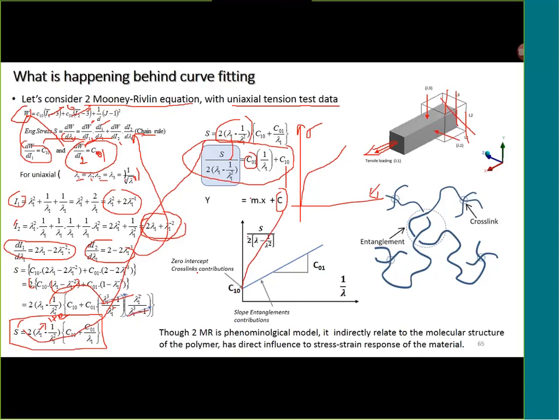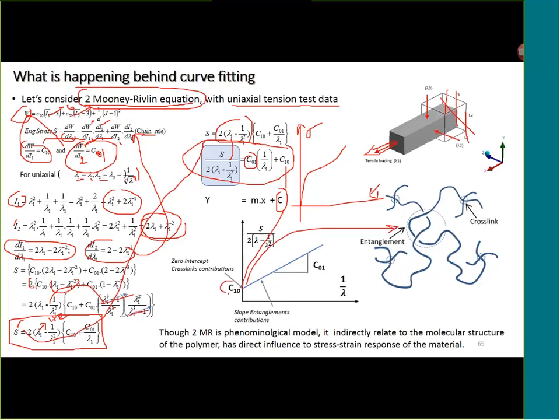As I mentioned, though the 2-parameter Mooney-Rivlin equation or the material model is purely a phenomenological model, however it has a direct, or rather some form of indirect, relationship with the material microstructure.